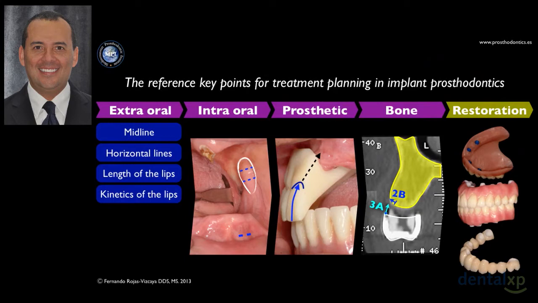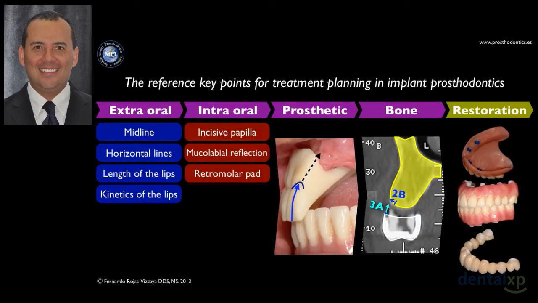In the extraoral information I have the midline, the horizontal line, which is very important, the length of the lips, and how the lips are working in relation to the teeth. We also have intraoral key points of reference to use during our analysis.